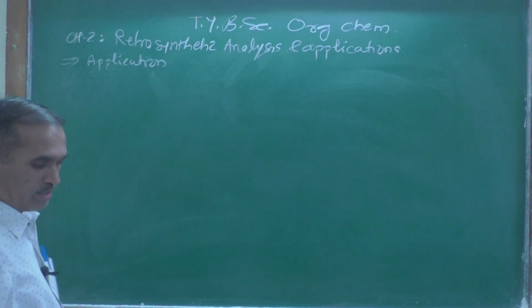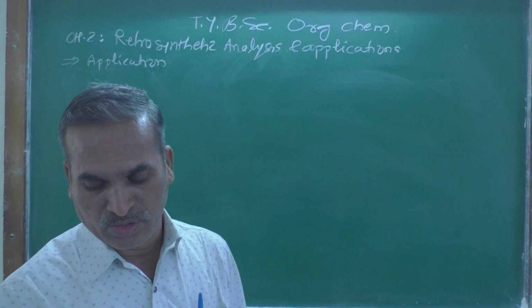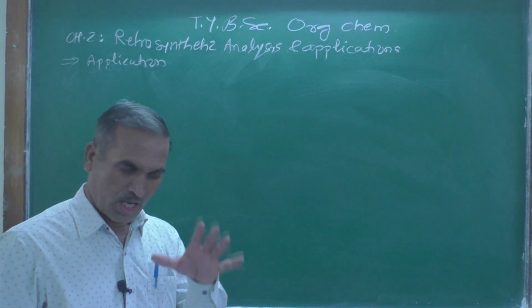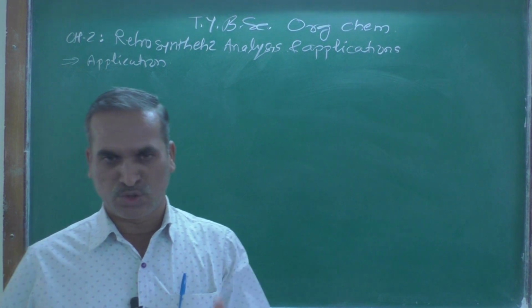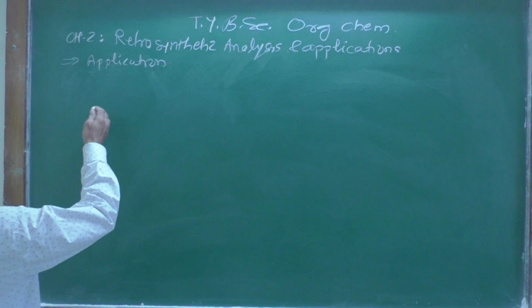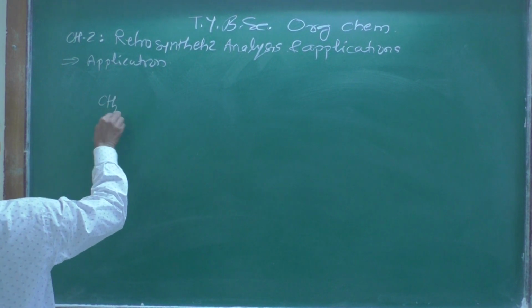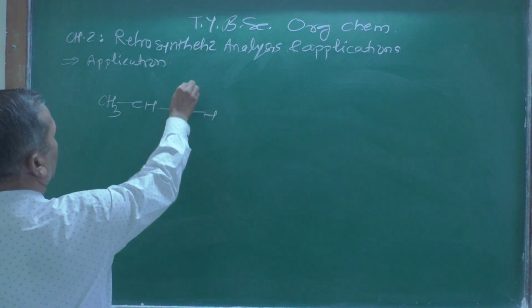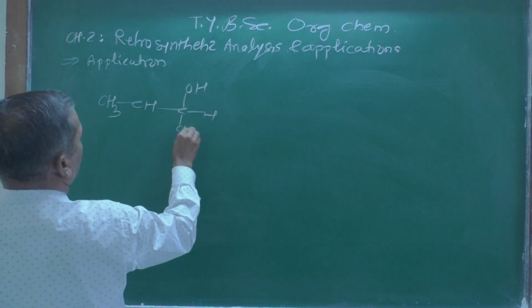I am writing here the target molecule, which is a very important one. Suppose this is our target molecule: CH3, CH, then CH, here OH, and here CN.